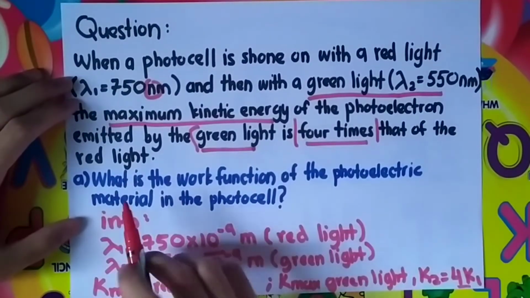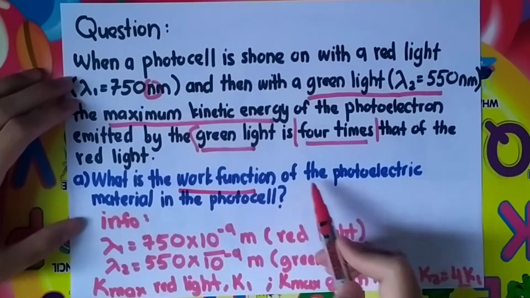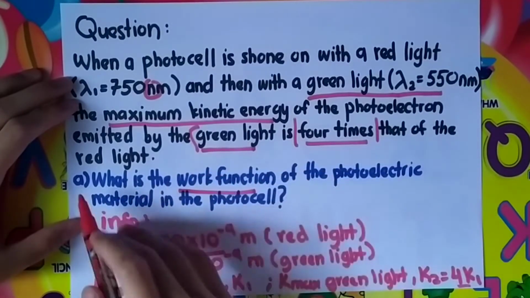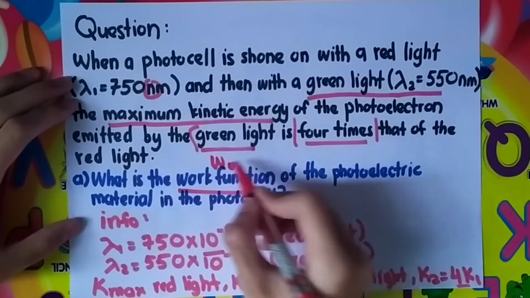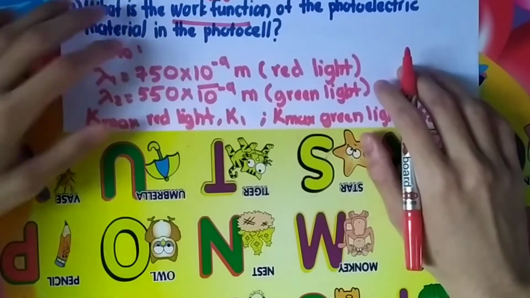For question A, what is the work function of the photoelectric material in the photocell? The question wants us to find W naught. For the solution, I will use another paper.